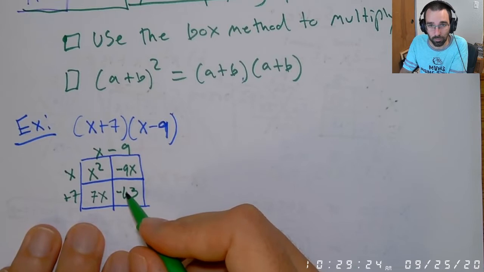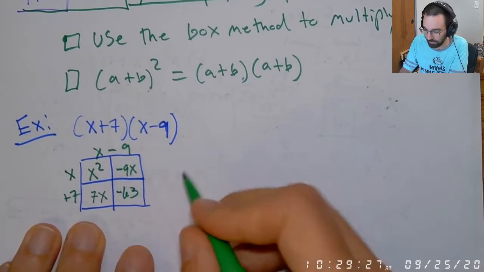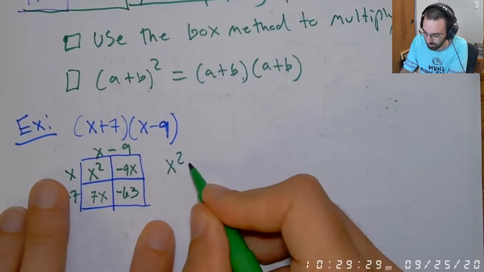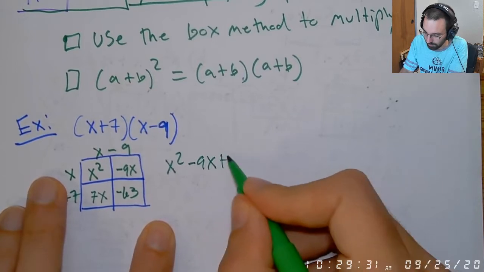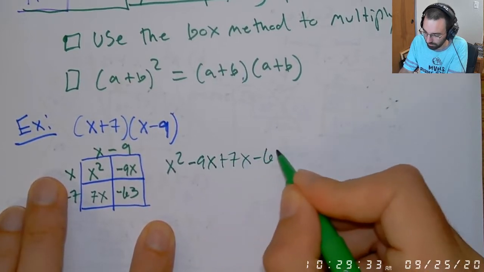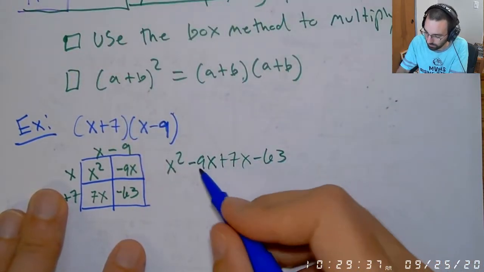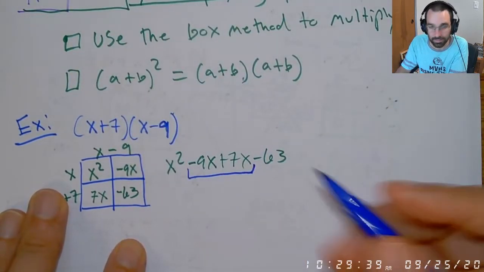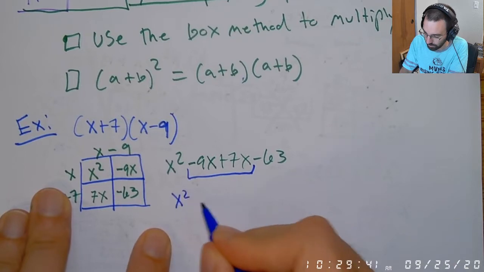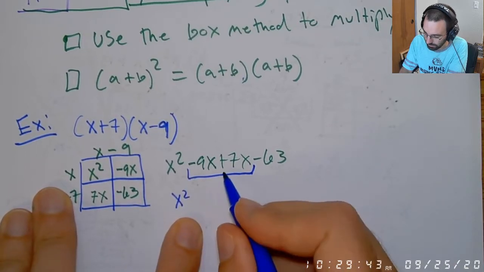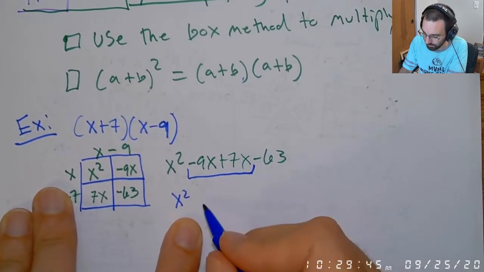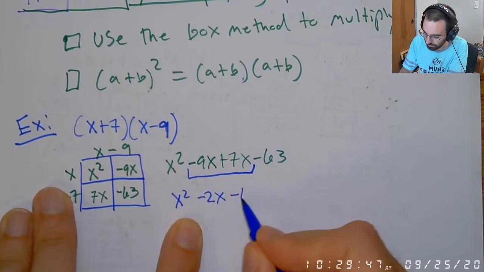Then the last step, the most important step, is we're going to add all these together. So I get x squared minus 9x plus 7x minus 63. So again, I just took these out here. And then notice I can combine like terms. So I have x squared, negative 9 and 7, that's minus 2x minus 63.